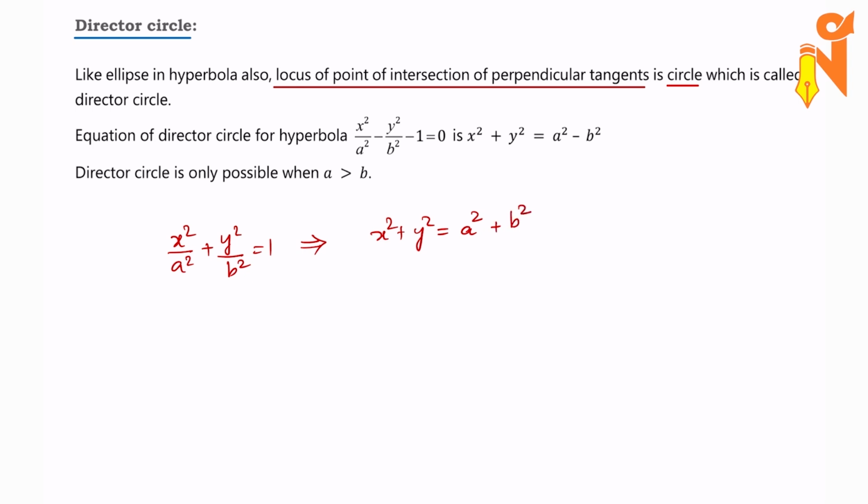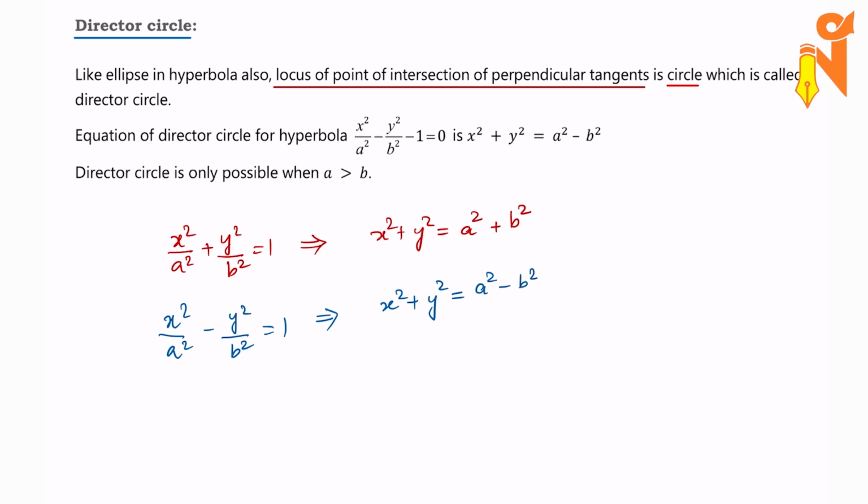As I told you, there is an analogy that if you replace b square by minus b square in ellipse formulas, you will get most of the hyperbola formulas. The same thing applies here. Our hyperbola equation is x square by a square minus y square by b square is equal to 1. So its director circle equation will be obtained by replacing b square with minus b square.